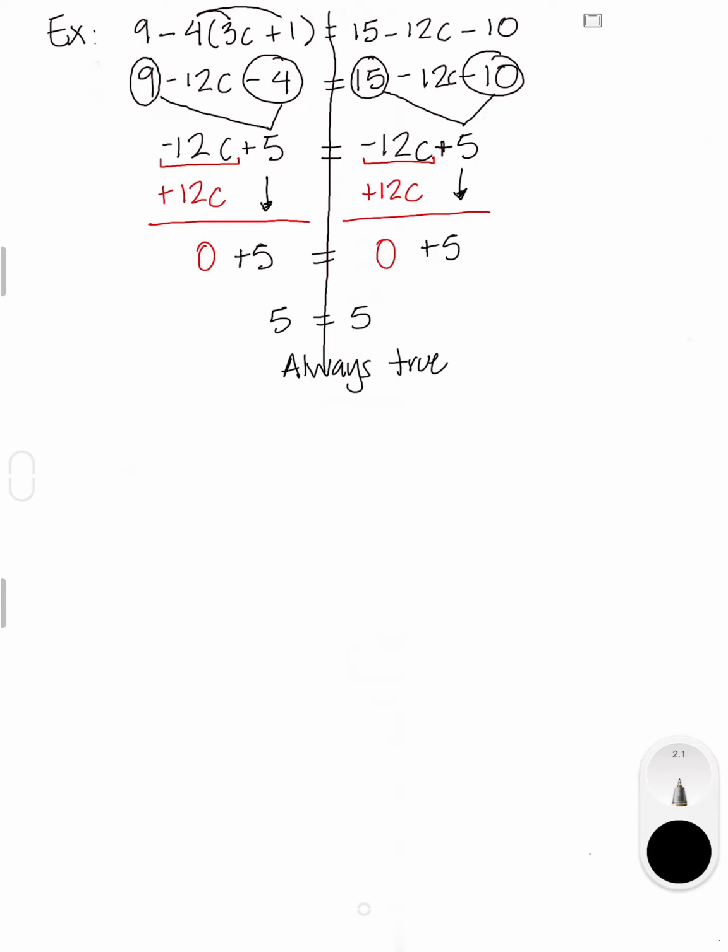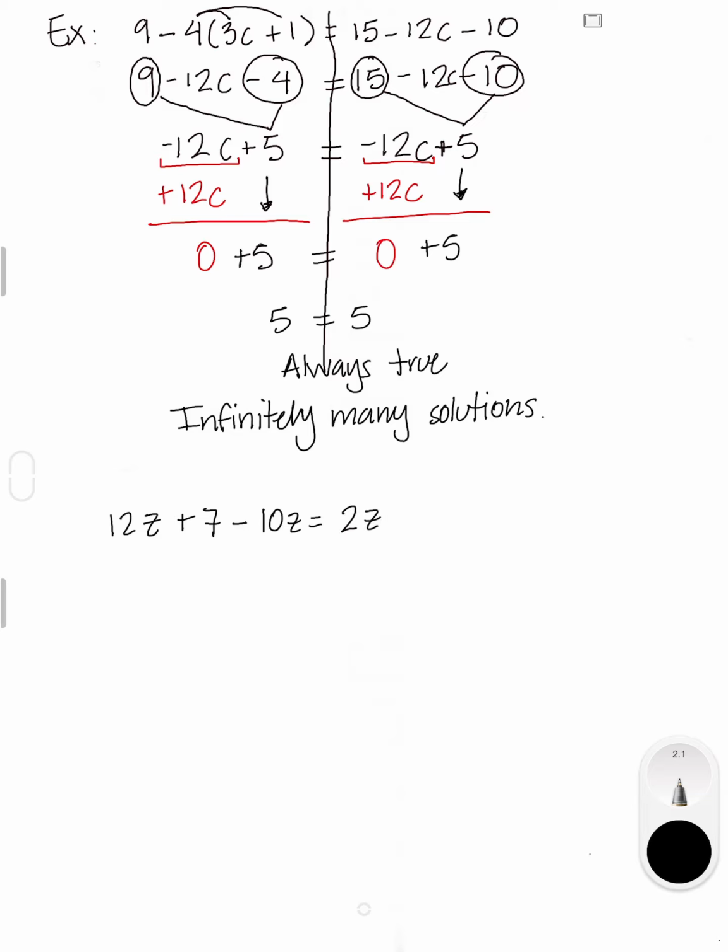So in this case, we're going to say that there are infinitely many solutions. So it's pretty much all real numbers in this case. So infinitely many solutions.